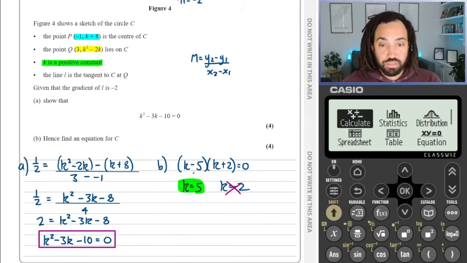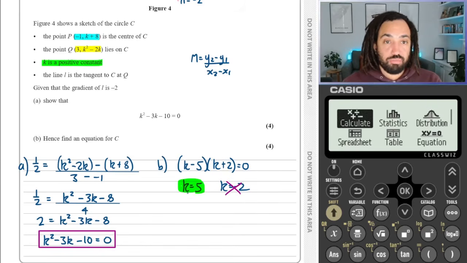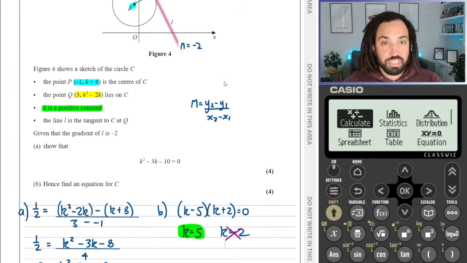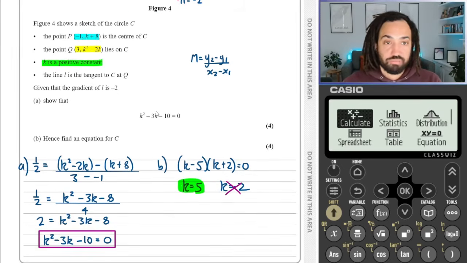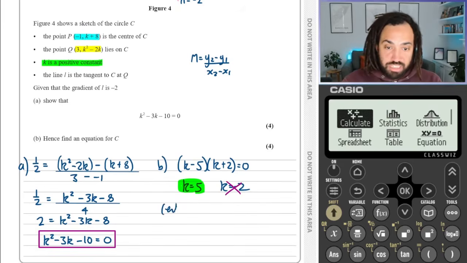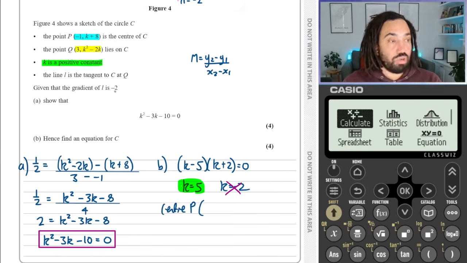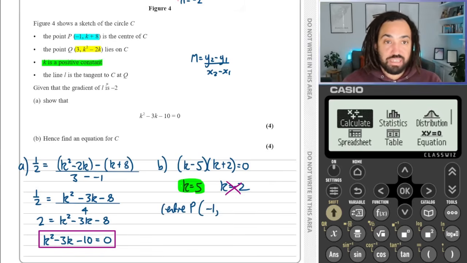Okay, so if k is 5, then we now know the centre, don't we? Because the centre is at P, and P has these coordinates. So the centre P is at the coordinates -1, and then k plus 8 is 5 plus 8, which is 13.